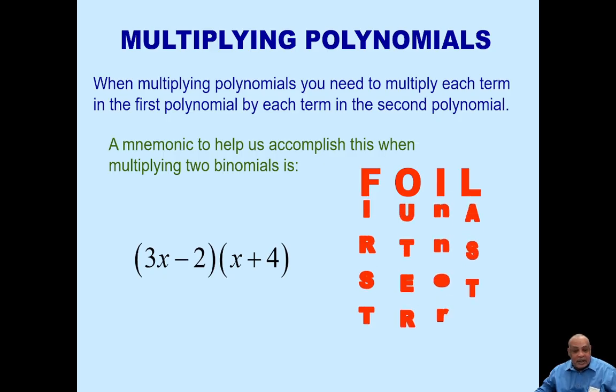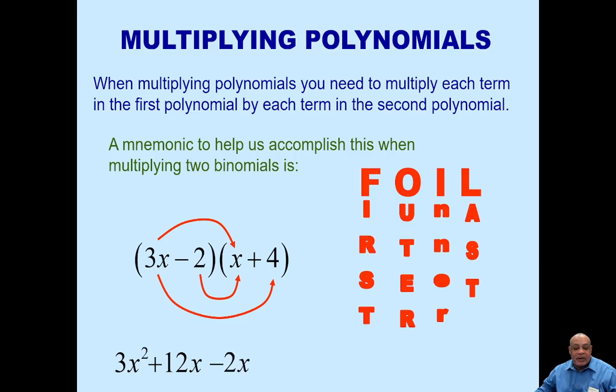So let us take a look at this together. You see here, 3x times x is 3x squared. The outer terms: 3x times 4 is 12x. Then we have our inner terms: minus 2 and x is going to be a minus 2x.